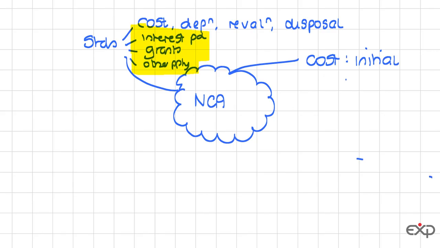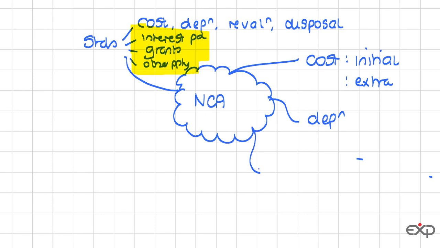And what happens if we incur extra or additional expenses during the life of the items? We then need to think about how we're going to depreciate those. Now, you know how to depreciate non-current assets because you've talked about straight line and reducing balance basis in previous studies. But here it's more about how we account for that depreciation.